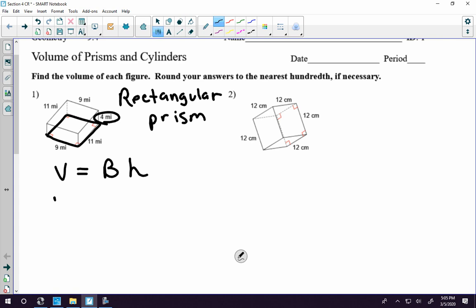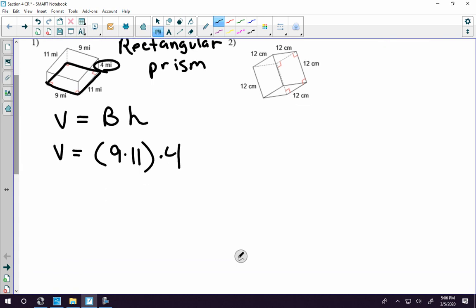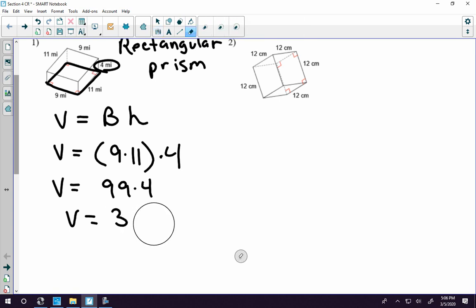So the volume of this rectangular prism, what shape are we stacking? We're stacking rectangles. So 9 times 11, because that's the area of the bottom. How high are we stacking them? 4 miles high. So the volume, or how many rectangles we could fit in this prism, is going to be 99 times 4, which is going to be 396 cubic miles.